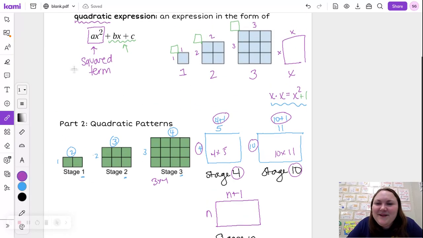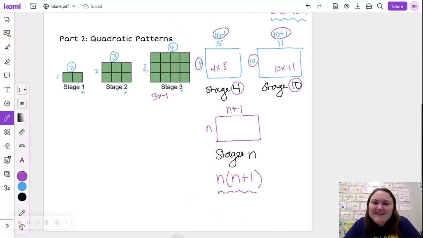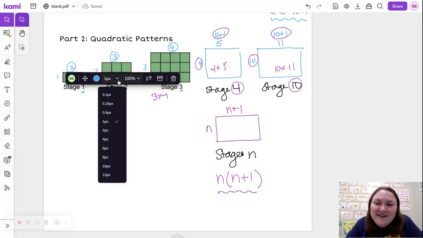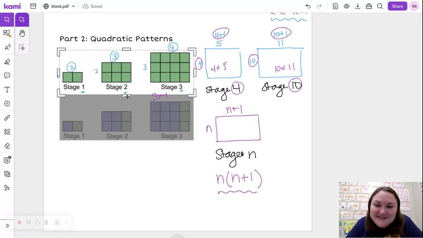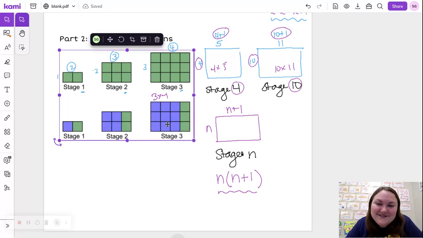Now, we just said above, quadratic expressions are always going to have the square that's getting bigger and bigger. In this pattern here, we just said it's not a square, it's a rectangle. So why are we talking about this pattern in today's lesson? Well, if you look at this picture a little differently, you can see how it relates. In this picture, I can make squares.